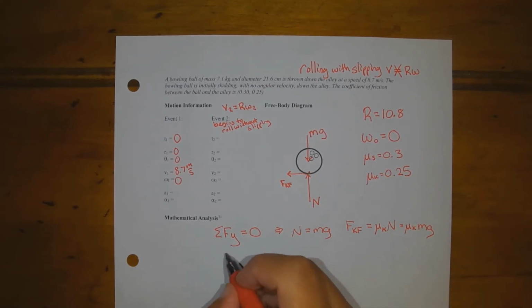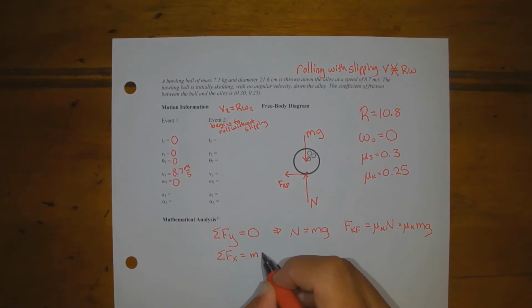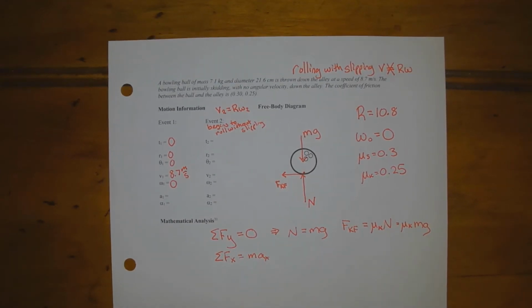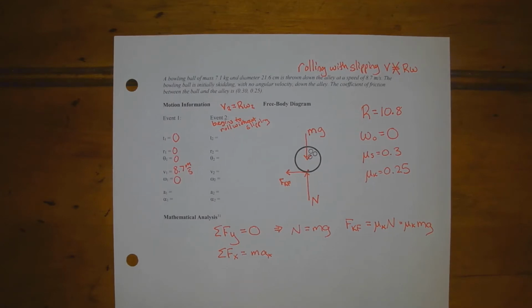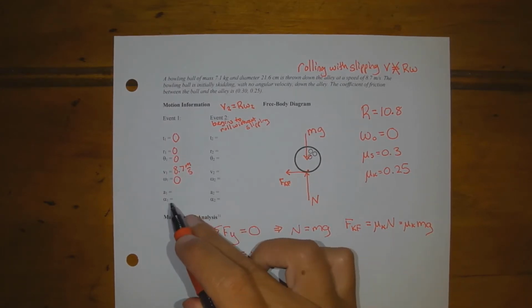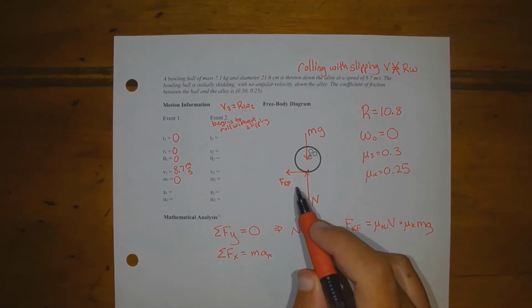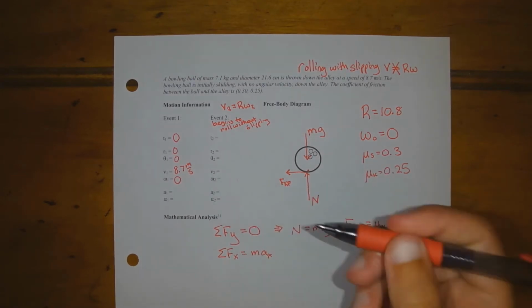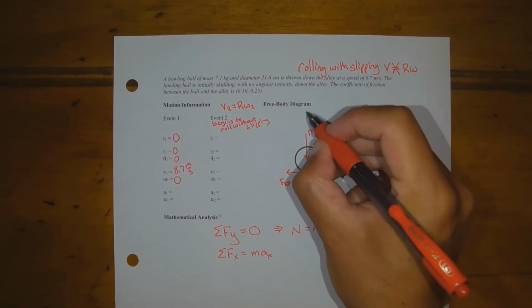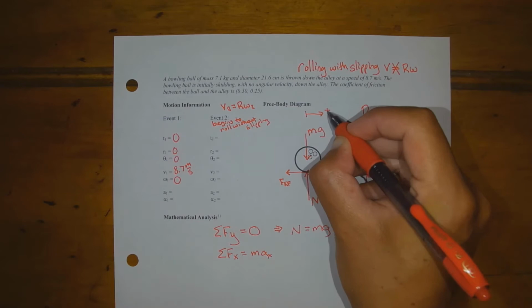Now I'm going to look in the x direction. Sum of the forces in the x direction is equal to mass times acceleration in the x direction. I do have acceleration in the x direction, and that's going to be what I put in my table here. I have one force acting in the x direction. It's acting this way, but let's say the positive direction for x is this way.